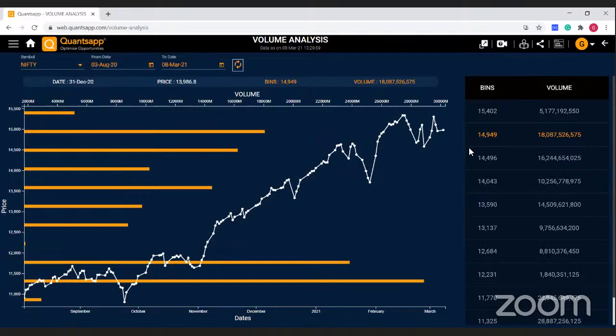I'm looking not at the highest, but the significant volume, which is standing at 14,949, which again stands as my resistance level. And if volume increases over this level, then this could be the next resistance and support level for the Nifty. So keep watching how the volume is happening, which gives us a significant idea for the longer period of time looking into the data.